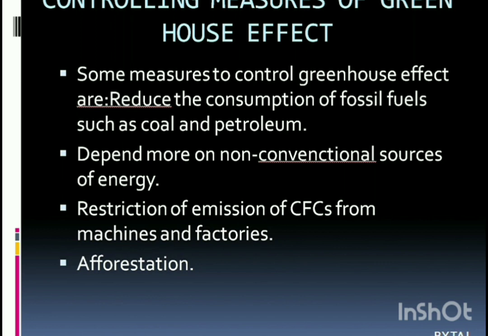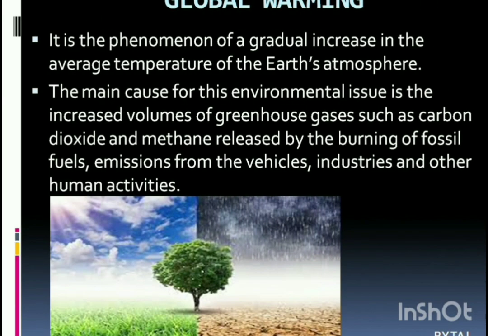Coming to the next important concept, global warming. It is the phenomenon of a gradual increase in the average temperature of the earth's atmosphere. As usual, with the greenhouse effect, the earth's temperature increases because of the greenhouse gases.